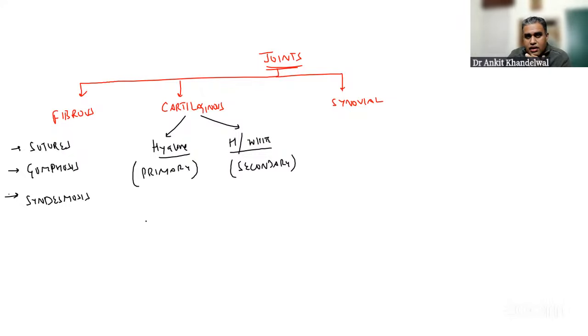Now, we have seen an example of it. Like we have the epiphysis of the developing bone, the diaphysis of the developing bone, and we have another epiphysis of the developing bone. Now, in between the epiphysis and diaphysis, this area is a growth plate, and it is cartilage over here.